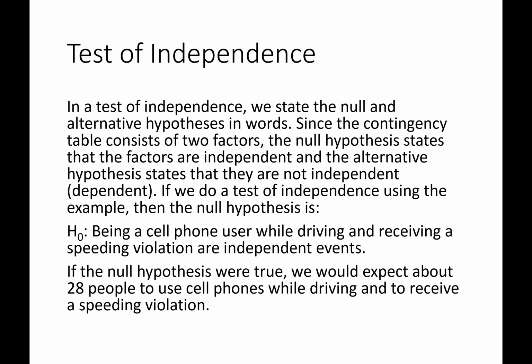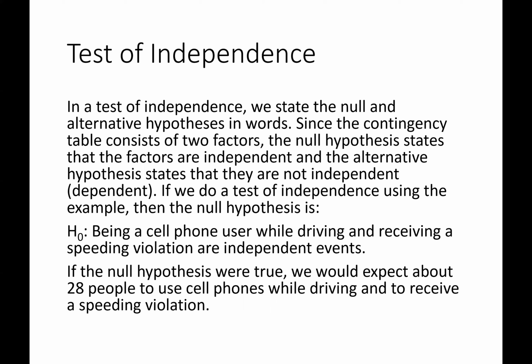Okay. In a test of independence, we state the null and alternative hypothesis in words. Since the contingency table consists of two factors, the null hypothesis states that the factors are independent, and the alternative hypothesis states that they are not independent.